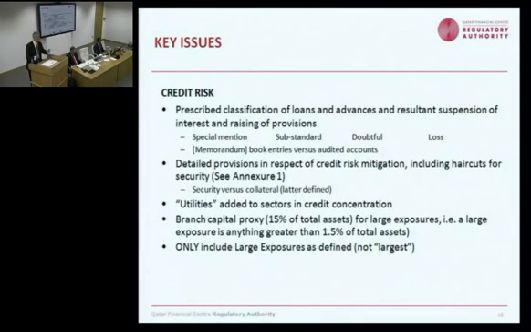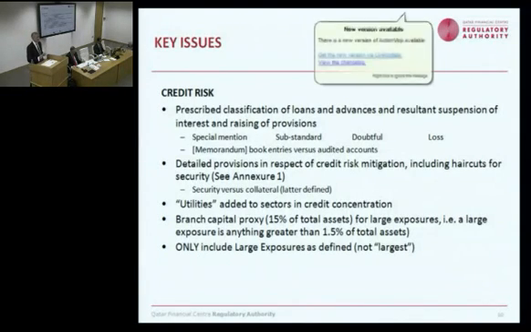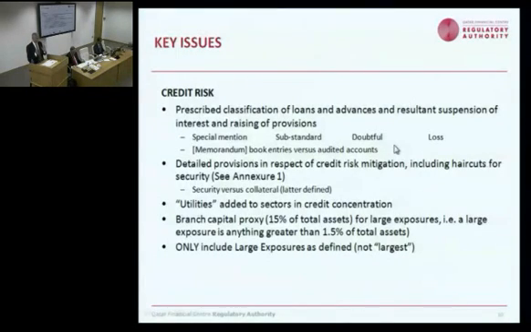Collateral is very, very tightly defined. It is pretty much cash or near cash. It does include certain guarantees. But the words are not the same. They do not carry the same meaning. So collateral is defined for regulatory purposes again. Security is whatever it is. So it's important to make that distinction.